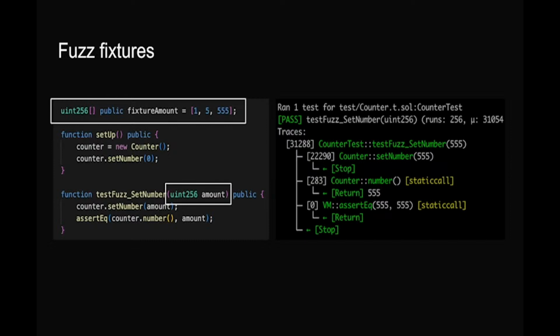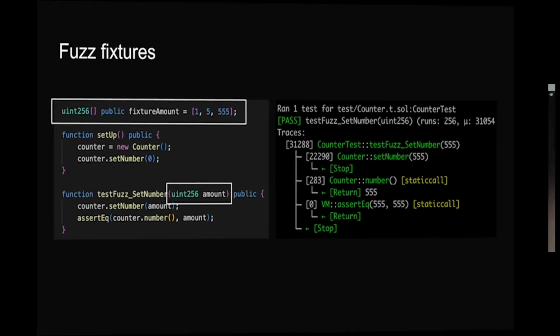So we have a new feature called fuzz fixtures, and fuzz fixtures can be defined when you want to make sure that the set of values that you're using as inputs for fuzzed parameters contain certain values. To do so, you use the fixture prefix on any variable or function.